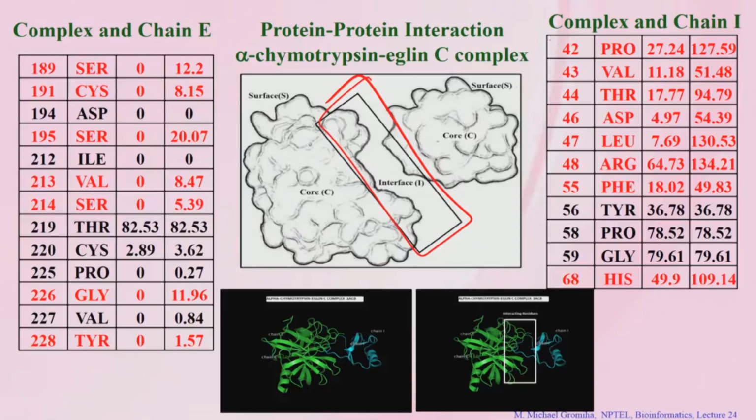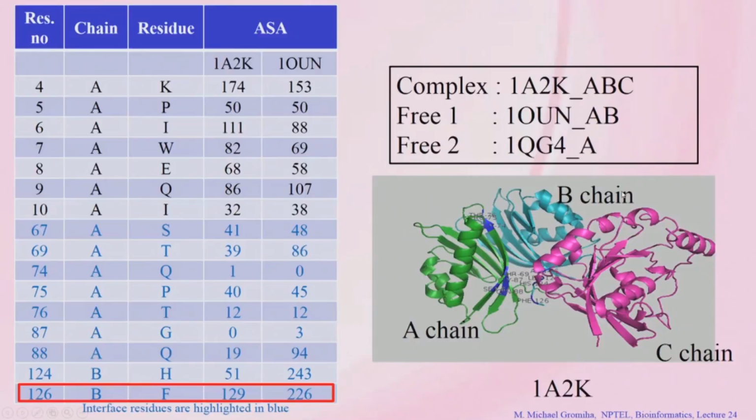Also, if you see in this chain I, a continuous stretch 42 to 48, all these residues change the accessible surface area very drastically, from 127 to 27, 54 to 4 and so on. So, these residues we identify as binding sites. This you can also do in the case of protein complexes. This is another example, the same as I explained earlier.